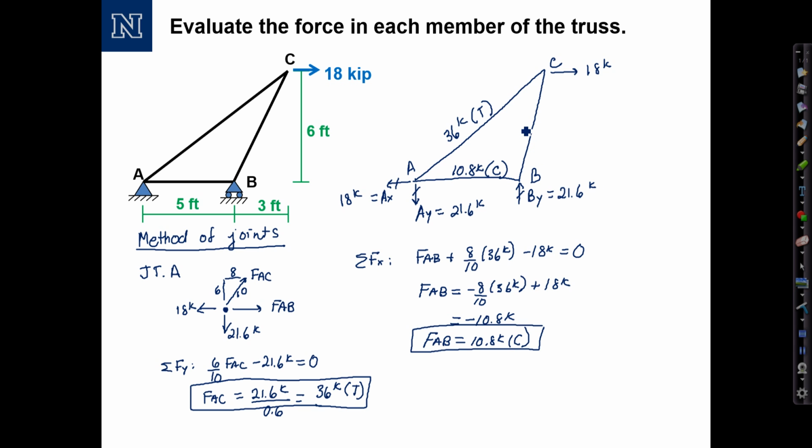So in order to solve this one, we might want to draw a free body diagram of joint B. At joint B, we have B sub y, 21.6 kips. We now know the force in member AB because it's in compression. I'll draw it inward toward the joint, and this is a known 10.8 kips.